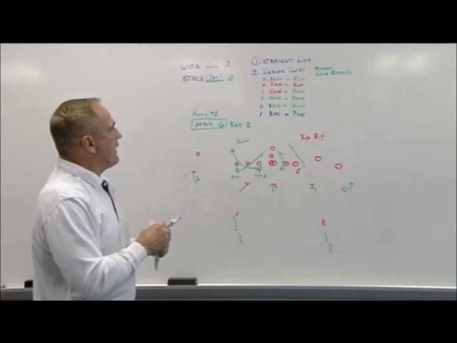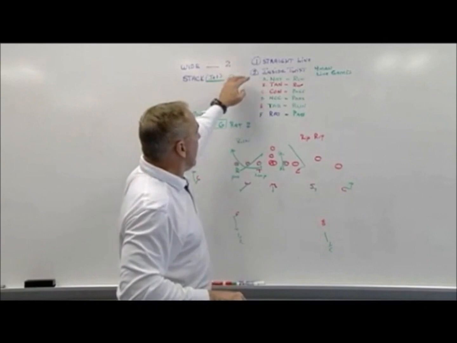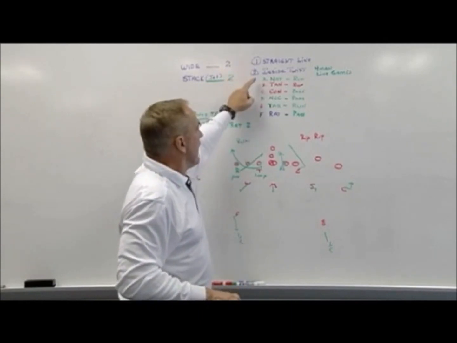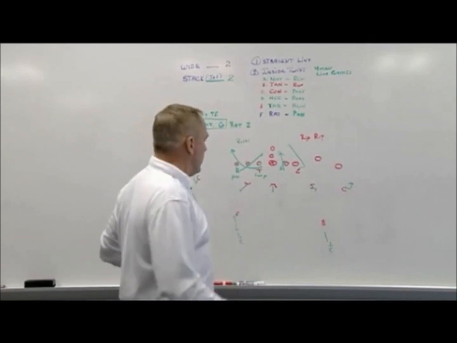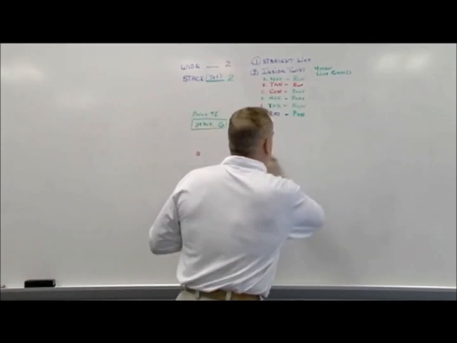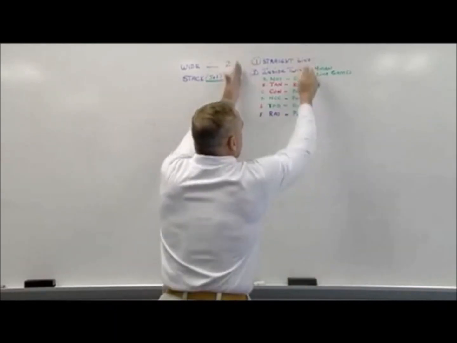As I mentioned, so now all of a sudden, you've got straight line, you've got gnat, tan, con, knock, tar, and rat. Let me add one more. I think it's very simple to do that package.